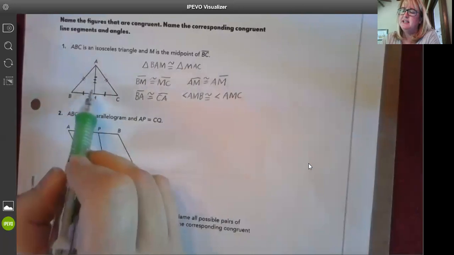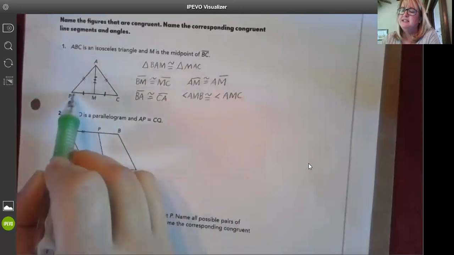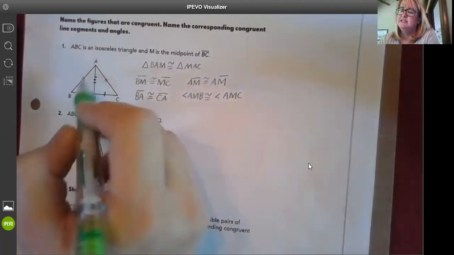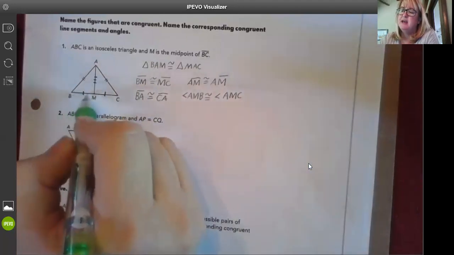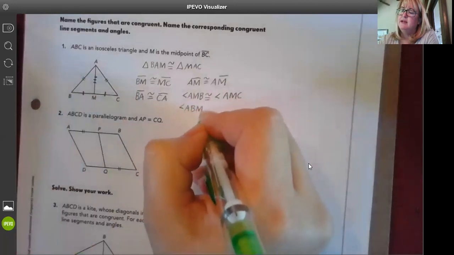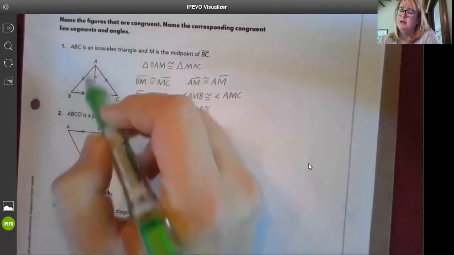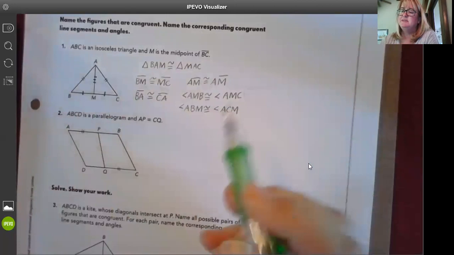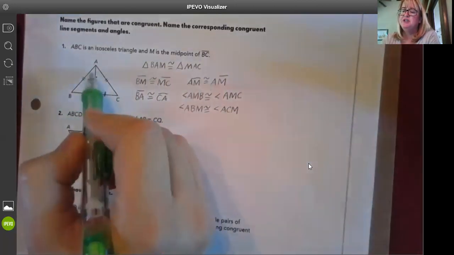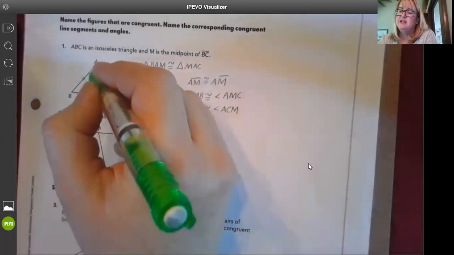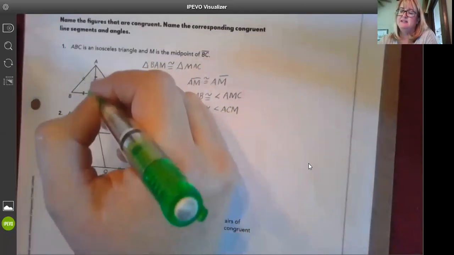Okay, so I did these angles. We know that these two angles out here are the same measure. And so angle ABM is congruent to angle ACM. And last but not least, we've got these two angles here. And actually, this line bisects this angle.